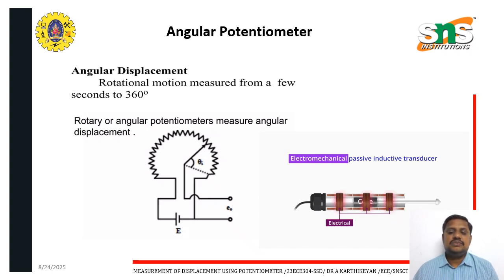The mechanical movement is converted into an electrical signal, which is called an electromechanical system. It is a positive inductive transducer. As the position of the coil moves, it varies, and that is the main function. Whether it moves left to right or right to left, it produces the output. That is called an electromechanical potentiometer.